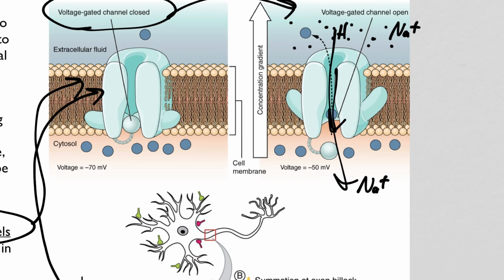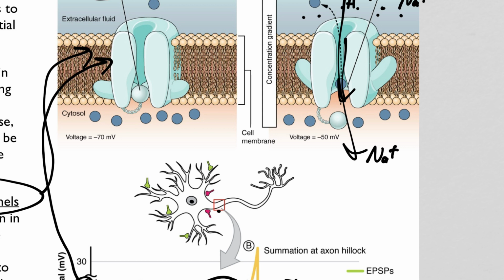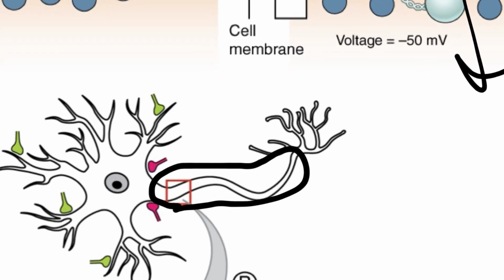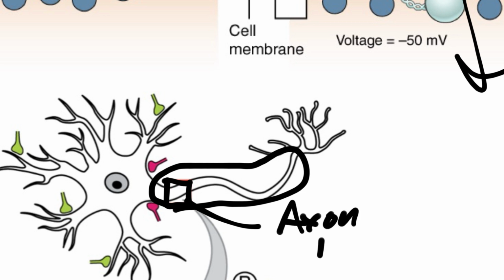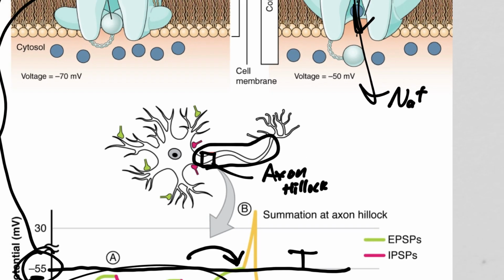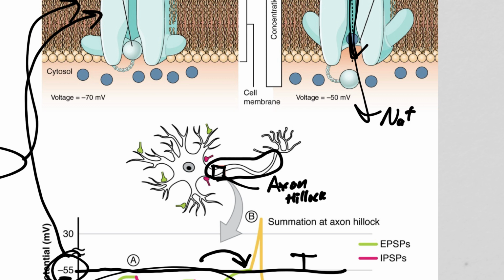Now, the interesting part of this is these voltage-gated channels are only found on axons, right? You don't find them in cell bodies. And so the place where we care about this happening, this red square, that's the beginning of the axon. And if you remember from the intro lecture, that structure is called the axon hillock, which is just the beginning of the axon. And if you hit threshold there, you start a chain reaction.